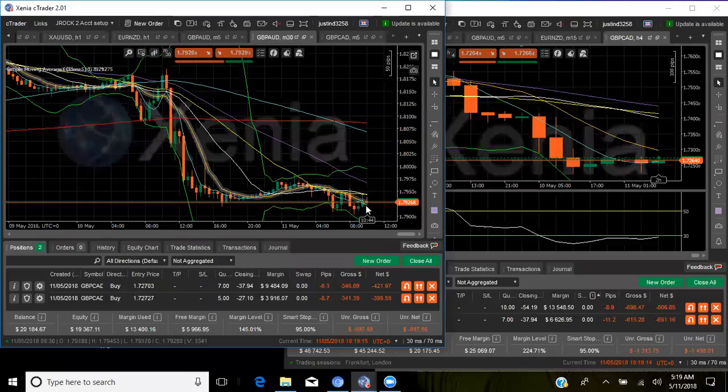This is the pound AUD, so it looks like it could come off the bottom as well, because obviously it's a pound pair, and if I think the pound is going to go up, have a nice bounce up, well, it just went further down last night or during the day for you if you're on the other side of the world. But as you can see, we are potentially putting in a bottom on the pound. Could we fall further here? Yes, we could, but the potential for it to rally is still pretty good.